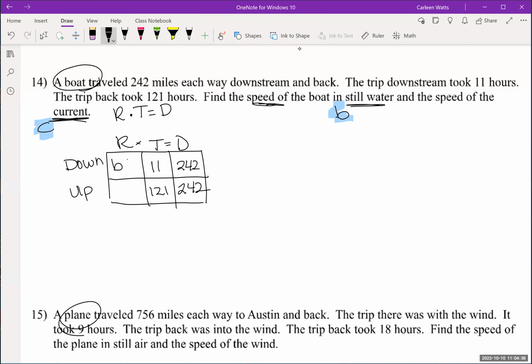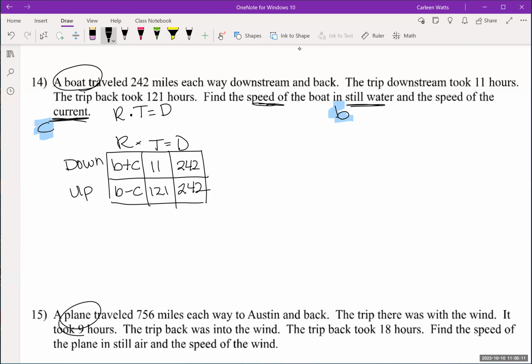It's B plus C. See how the rate is higher than it would be in still water if the boat was in your swimming pool. Going upstream, it's harder to go upstream. The rate is going to be a smaller number. What is it? Yeah, B minus C. That's the hardest part right there, filling in those boxes.